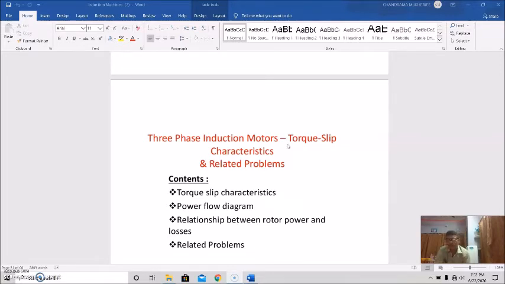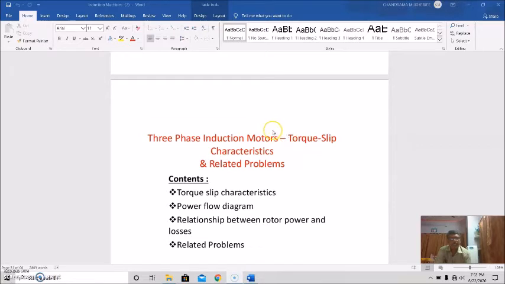That means the torque exerted on the rotor by the rotating flux. We'll not go through the detailed discussions, as that is not in our scope, so we'll directly go to the torque slip characteristics.